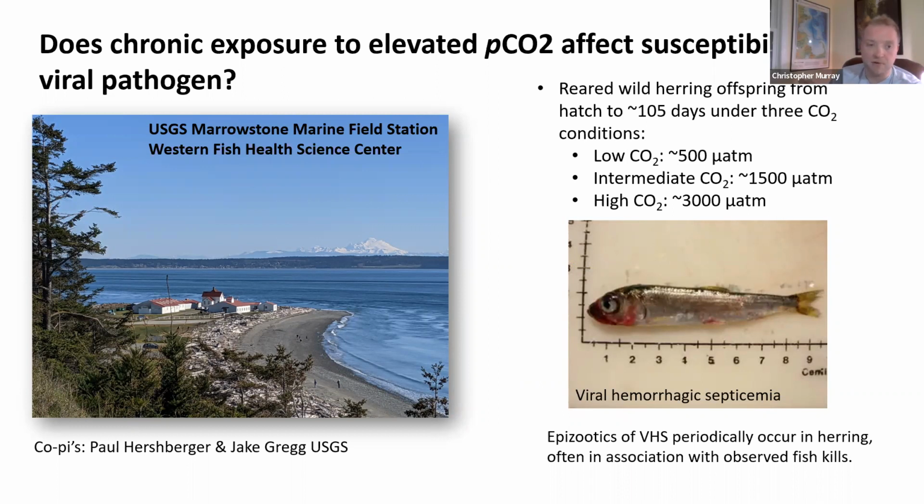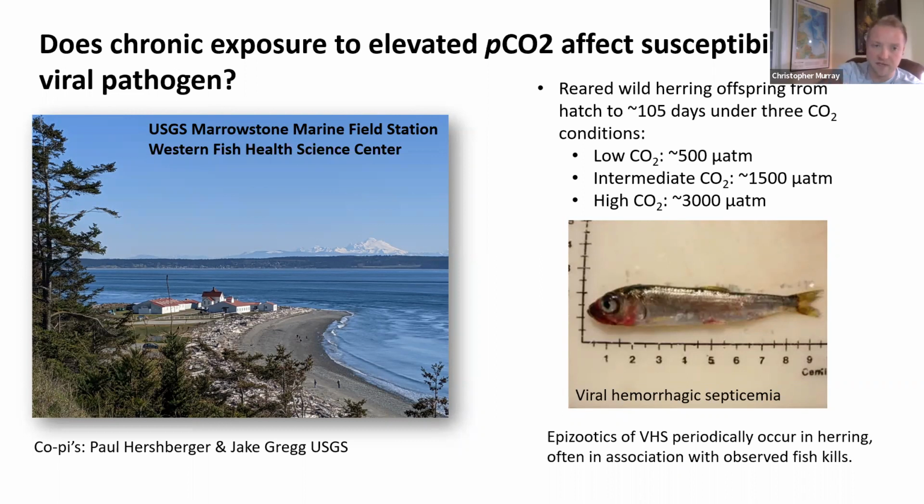It's been implicated in a number of fish kills in Pacific herring, from Alaska throughout Canada and the West Coast of the United States. There's a lot of work done by Paul Hirschberger and his crew at Marrowstone describing the ecology of these outbreaks. But there's still a lot of unknowns about what the mediating driver of these events is.